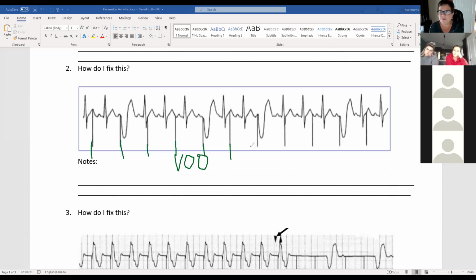And sometimes they forget to take it out of VOO mode and they bring it out to the ICU, and you just kind of roll your eyes and put it in the VVI mode. Yeah. So what I would do to this is switch it to VVI. I'm going to open his eyes so that he can see and sense appropriately.